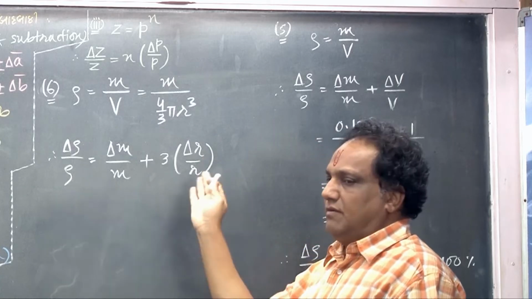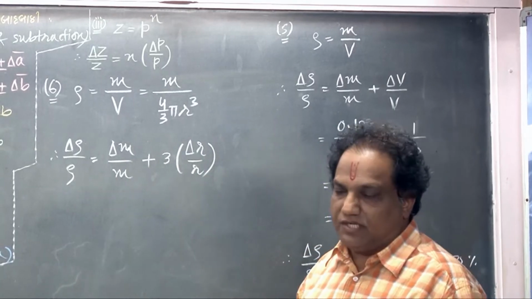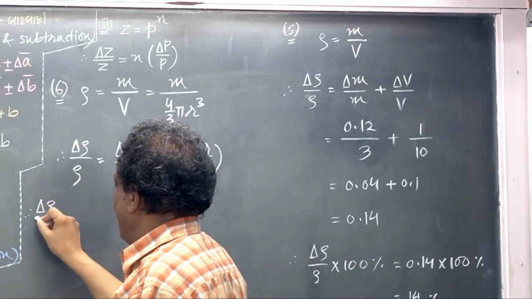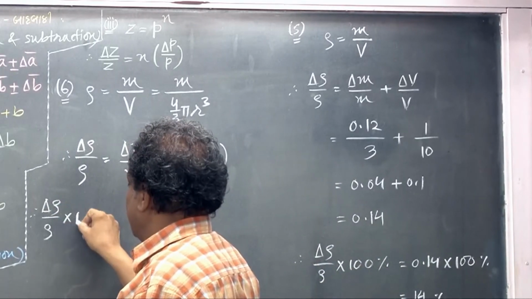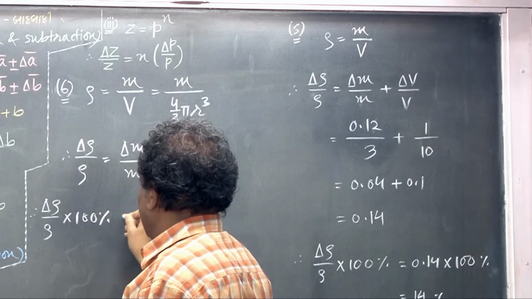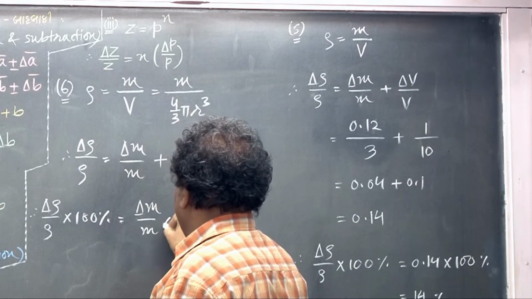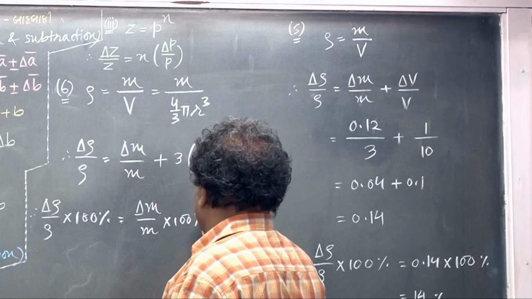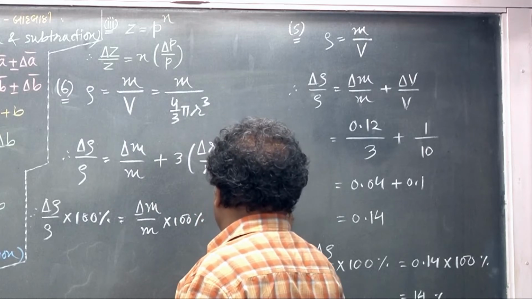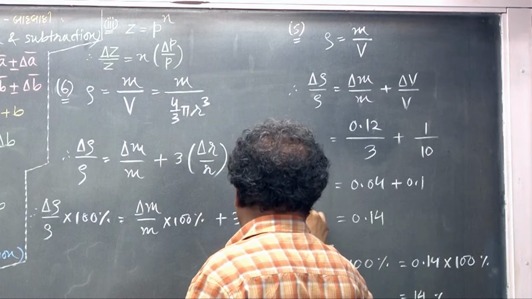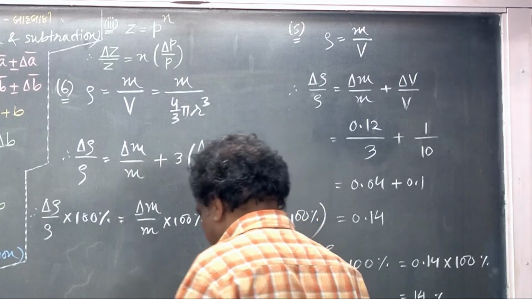In the textbook, they are not multiplied on both sides by 100%. That is wrong. We must multiply because we are looking for percentage error. So here: delta m upon m into 100% plus 3 times delta r upon r into 100%. Correct?